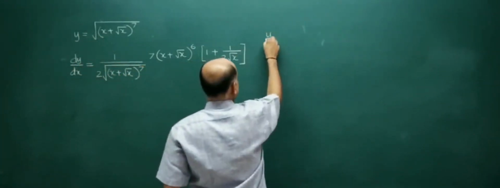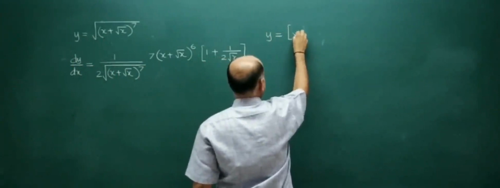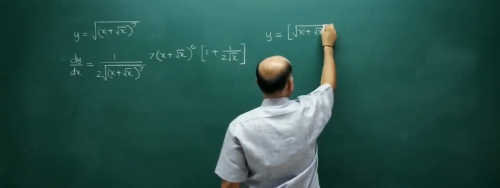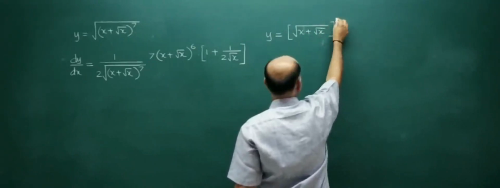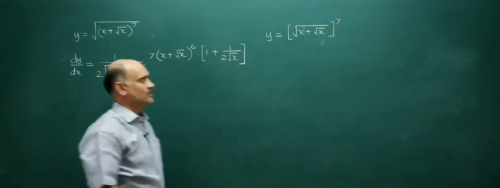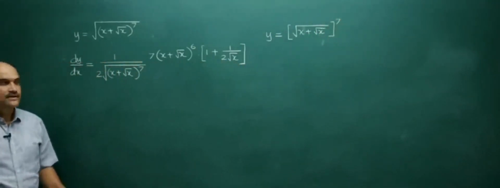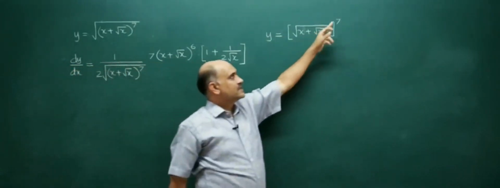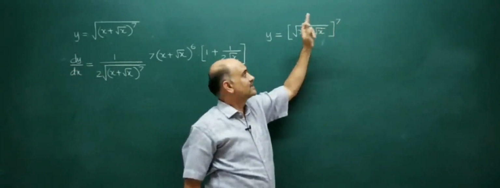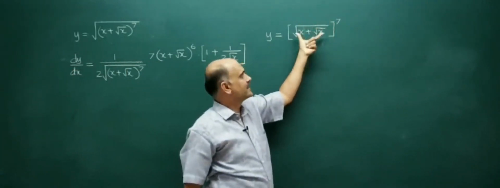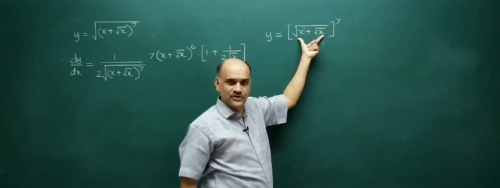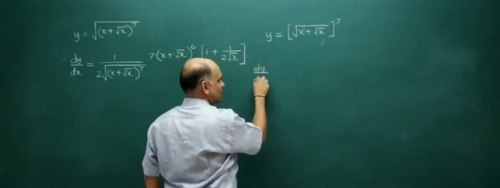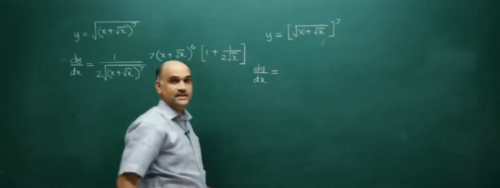So I will take it as y is equal to bracket root of x plus root x, whole bracket raised to 7. So now here first you are required to differentiate power, then root, then the term inside the root. So dy by dx is equal to first 7.